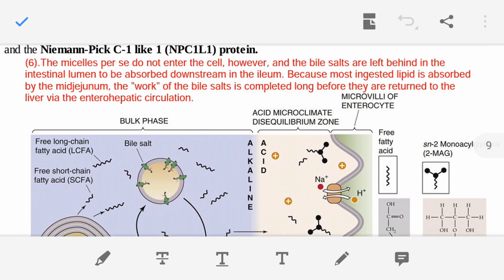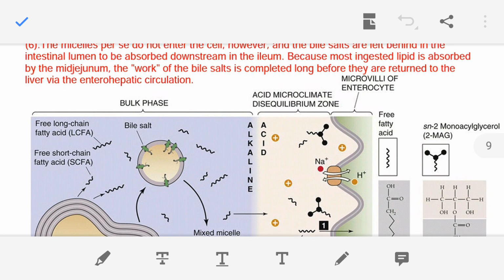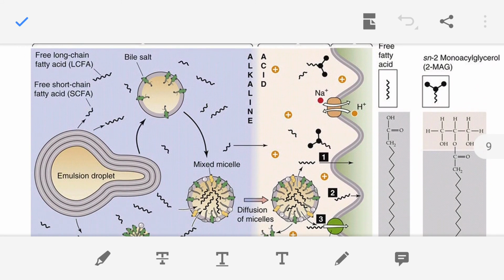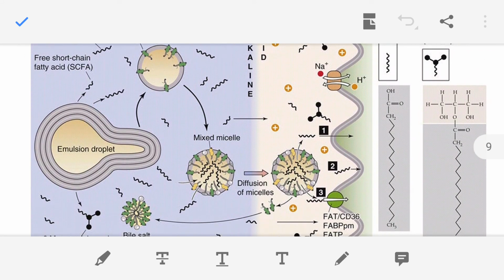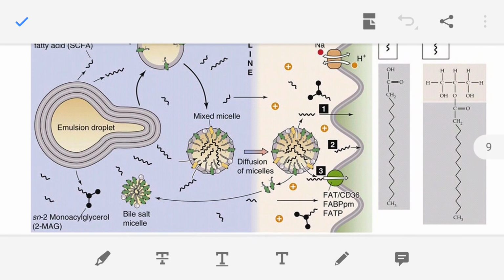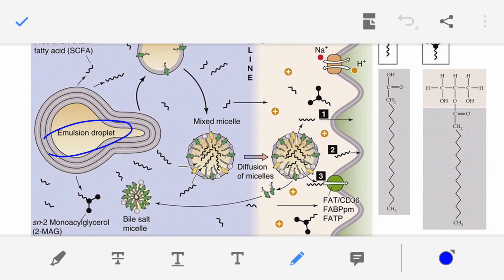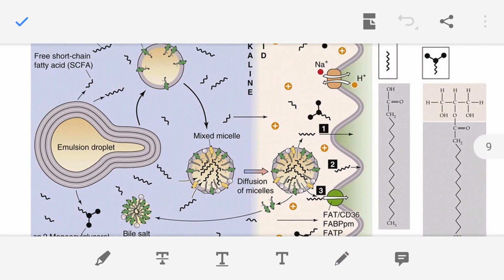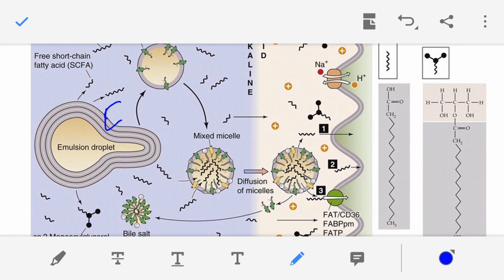Now before I discuss this sixth point, I would like to show you this figure. This figure is also a very important and good one. This is the emulsion droplet, a small droplet of lipid, and now we know there are three enzymes involved in the digestion of lipid.